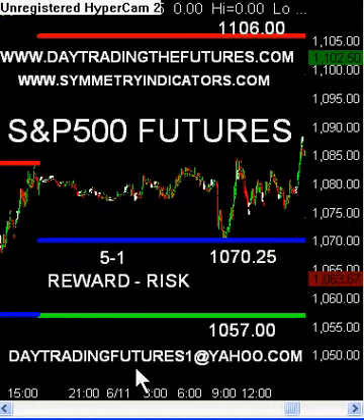I have found the formula where the institutions and hedge funds trade at certain levels in the market daily. I have monthly resistance, weekly resistance, and daily resistance, and these institutions and hedge funds really come off hard from these levels. It gives us traders the opportunity to get in at these levels with a huge reward to risk ratio. I know the exact levels they look at every single day.